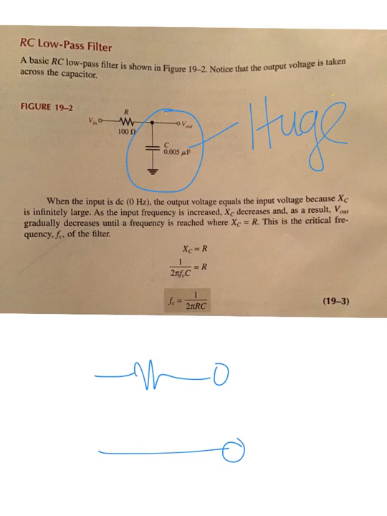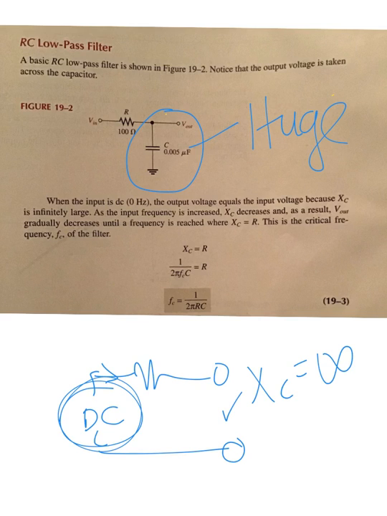And I'll draw a picture down here. Here's what the capacitor looks like at DC going in, okay? There's the DC going in. The cap is infinite. So where would this voltage here go? All of it would go to the capacitor. So at DC, a low-pass filter passes everything to the output. But then as the frequency goes up, this thing starts to turn into a high wire short circuit here.